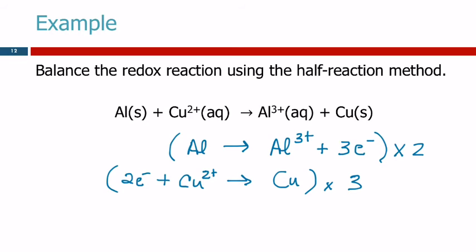Now I'm going to put the coefficients in and multiply it out. Multiplying everything by 2, I'm going to get 2 aluminums and 2 aluminum ions, and 6 electrons. And I'm going to erase this stuff because I took care of it.